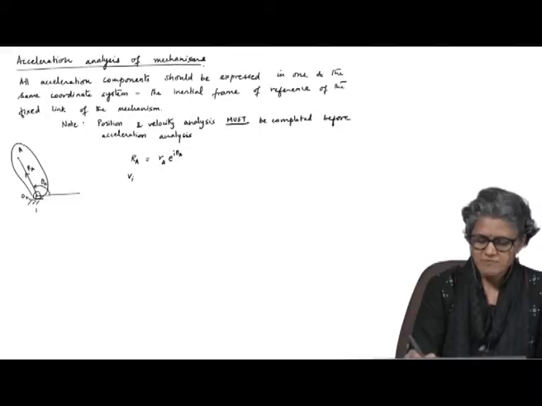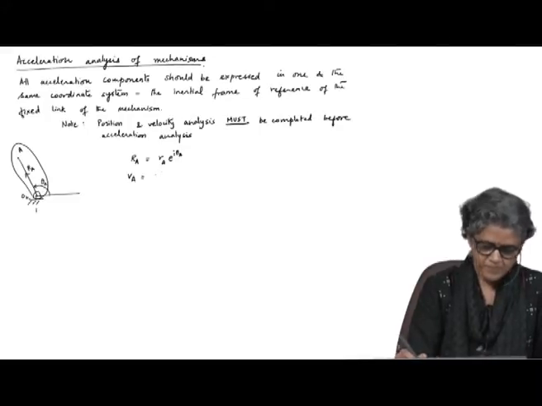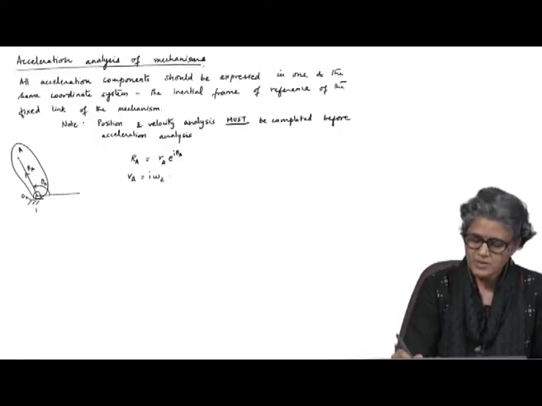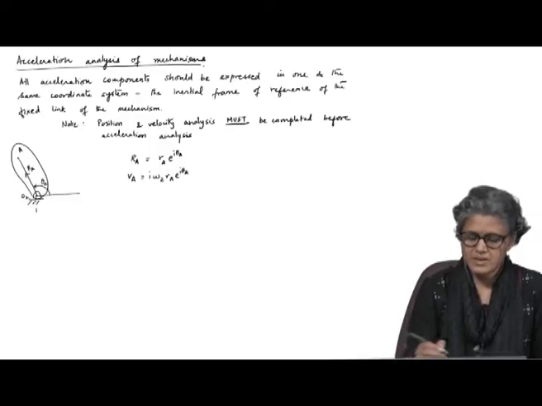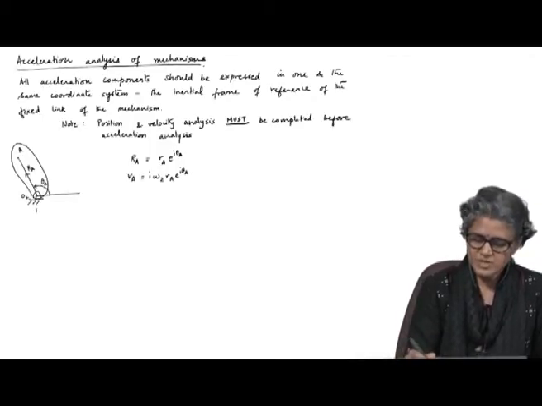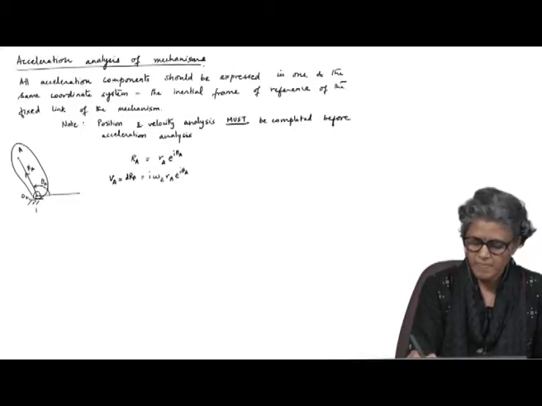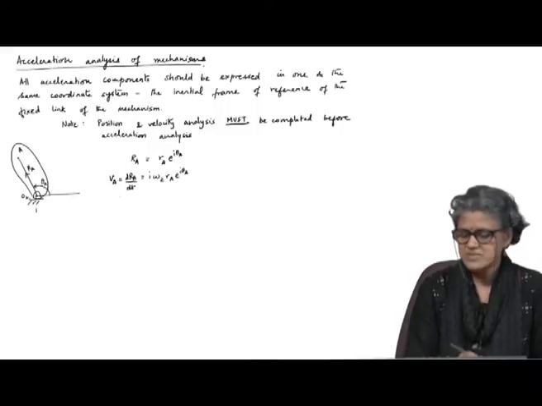We saw that the velocity of A would be i omega_2 R_A e^(i theta_A), because the velocity is dR_A by dt. All the capitals are vectors.